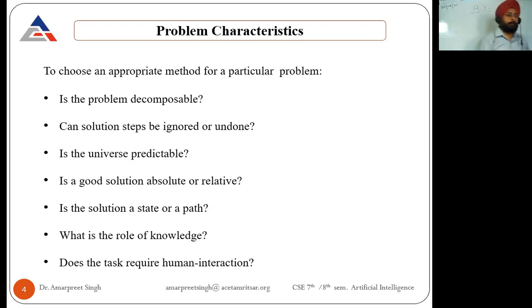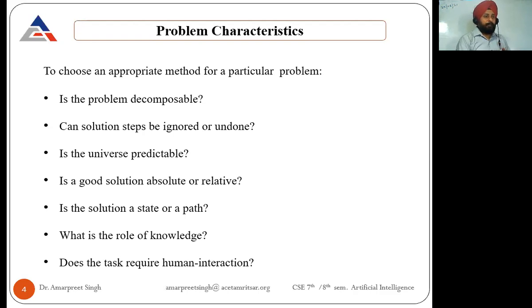Next. To choose an appropriate method for a particular problem. A problem can be solved in many ways. Many methods can be applied to solve a particular problem.